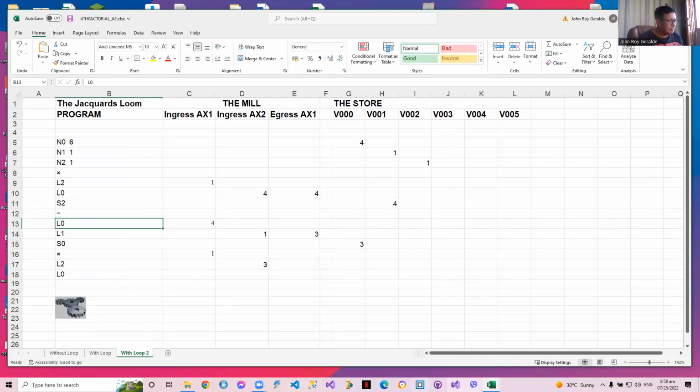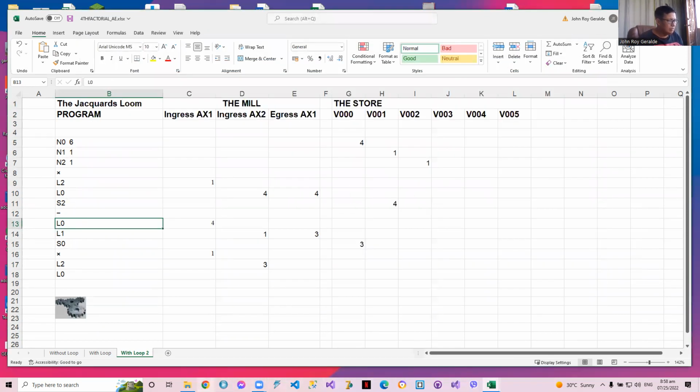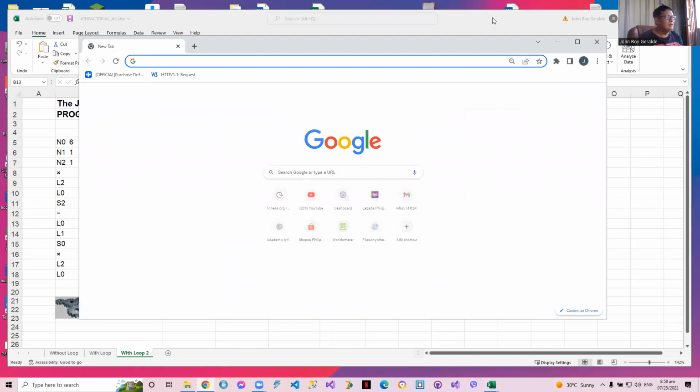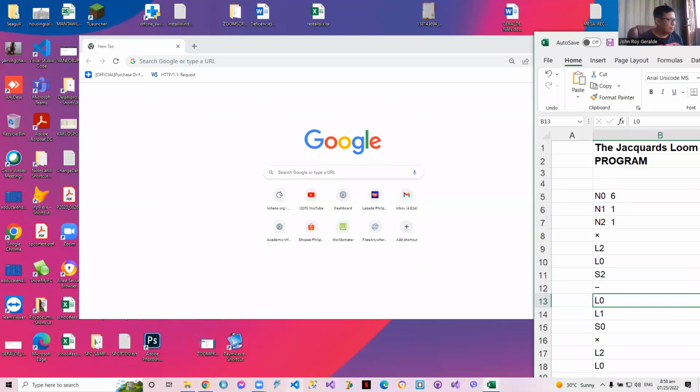I'm sorry about that. Now let me copy this properly from the source. Where is our diagram? It's not here. Sorry, I've closed the diagram. Just a while.